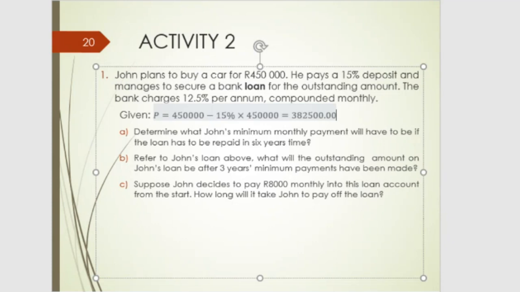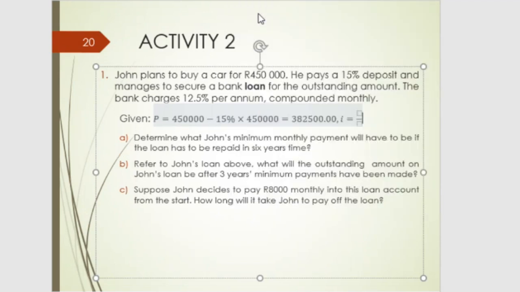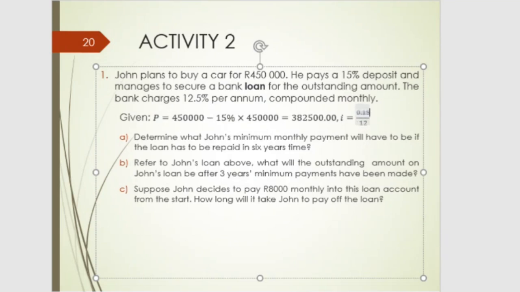So this is going to be our present value. This is the amount that the bank is going to loan, because that portion, 15%, is the money that will be coming from John's savings, right? And then the next thing is the interest, which is sitting at 15% and is compounded monthly. So that is going to be divided by 12, 15%, 0.15.